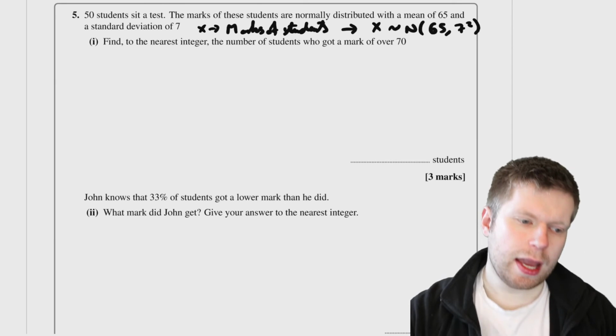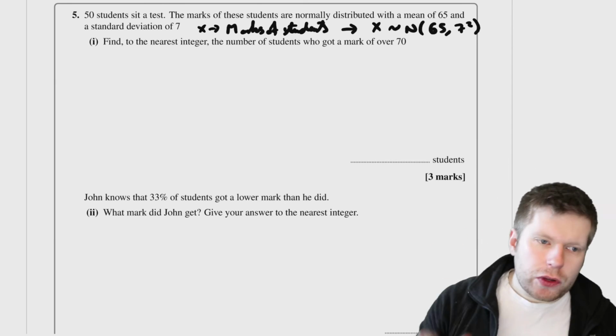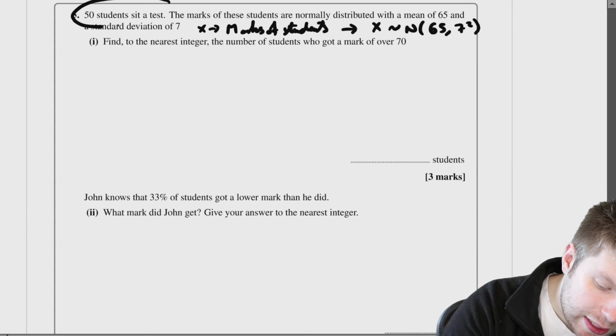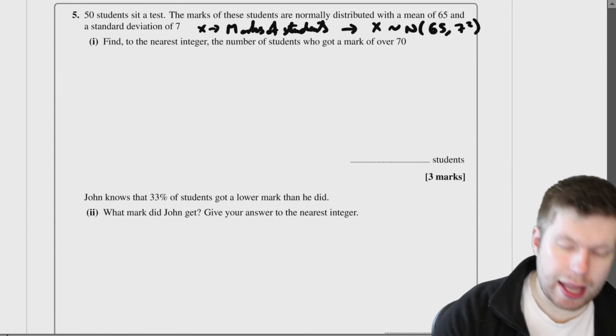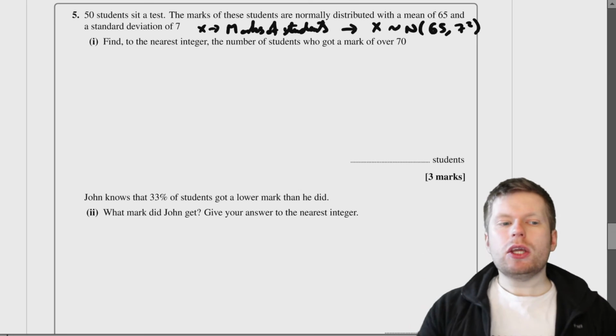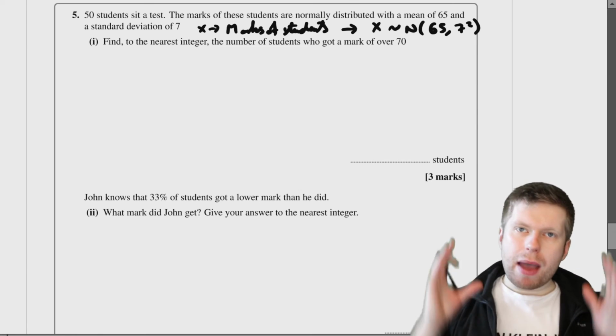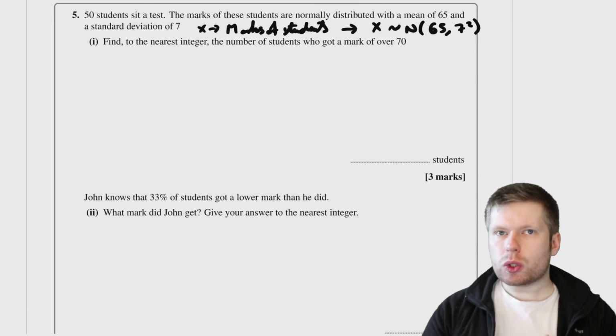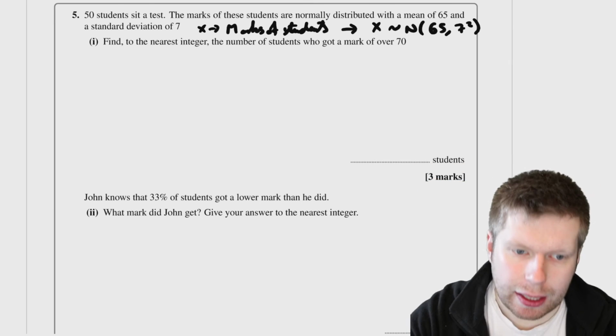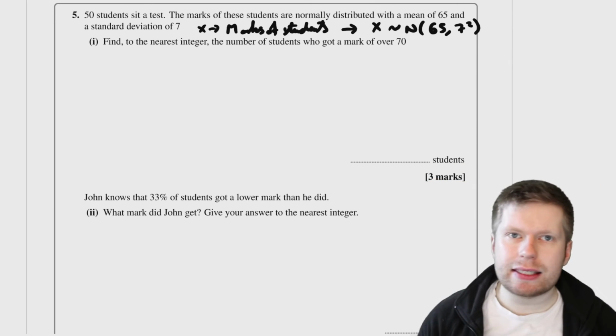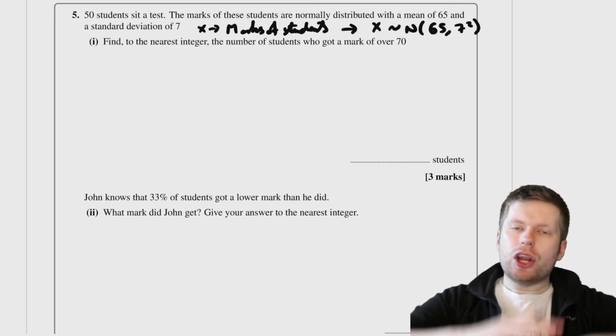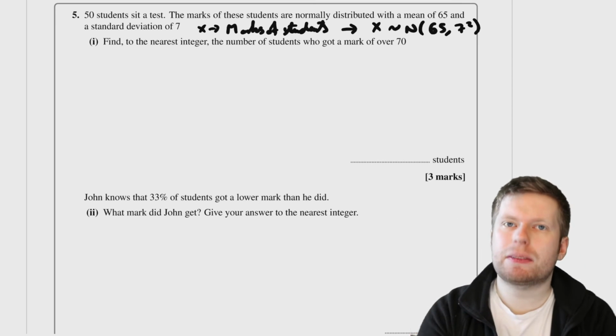Interesting. Now, don't get confused here by the 50 students sitting a test for the first question. All that says is that you may use this again in the future. Remember that you only use the central limit theorem if you are sampling. In other words, if you select 10 test papers at random and you want to find the mean of those 10 test papers that you select.